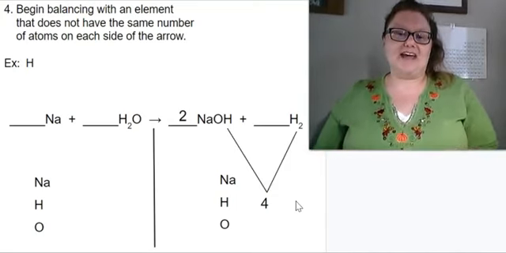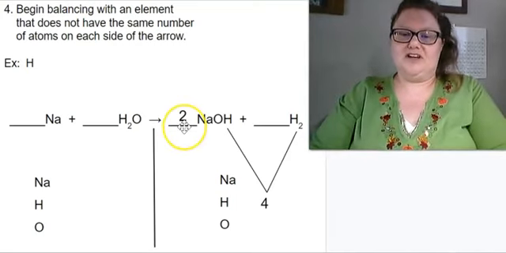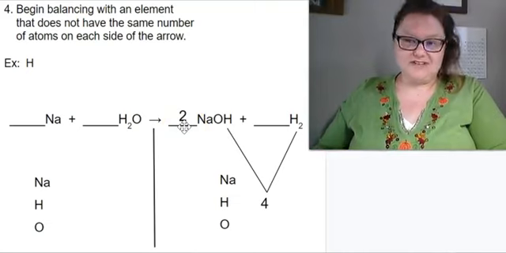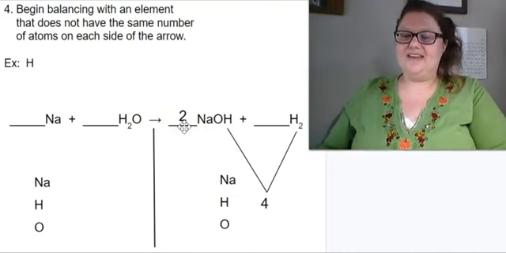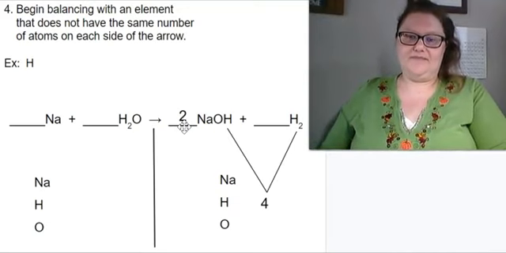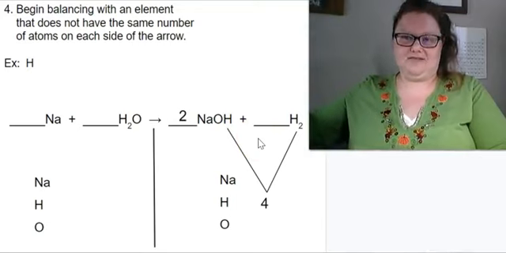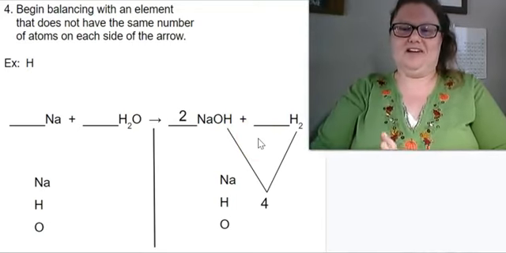So when I do a new count of my hydrogens, this 2 coefficient is going to distribute, to use another math term, to every element that's in that formula. Okay? If you hit the plus sign, you stop distributing. That's the end of that formula.